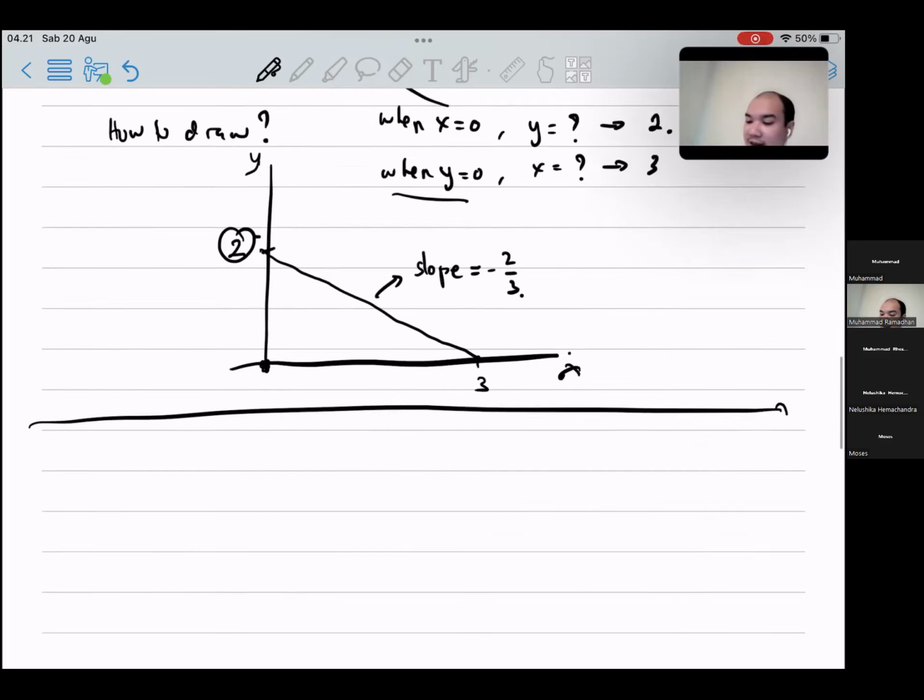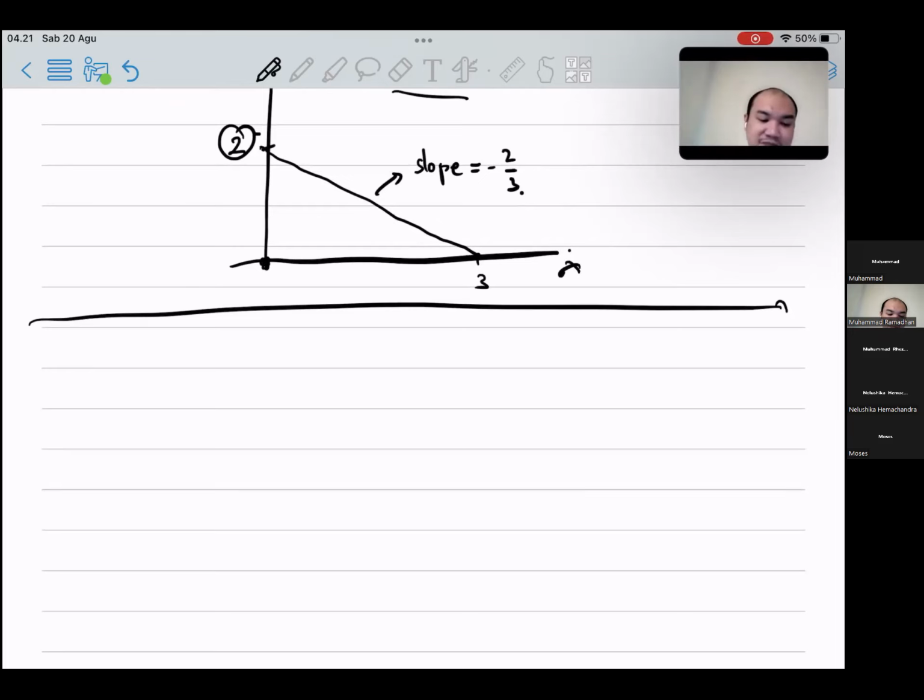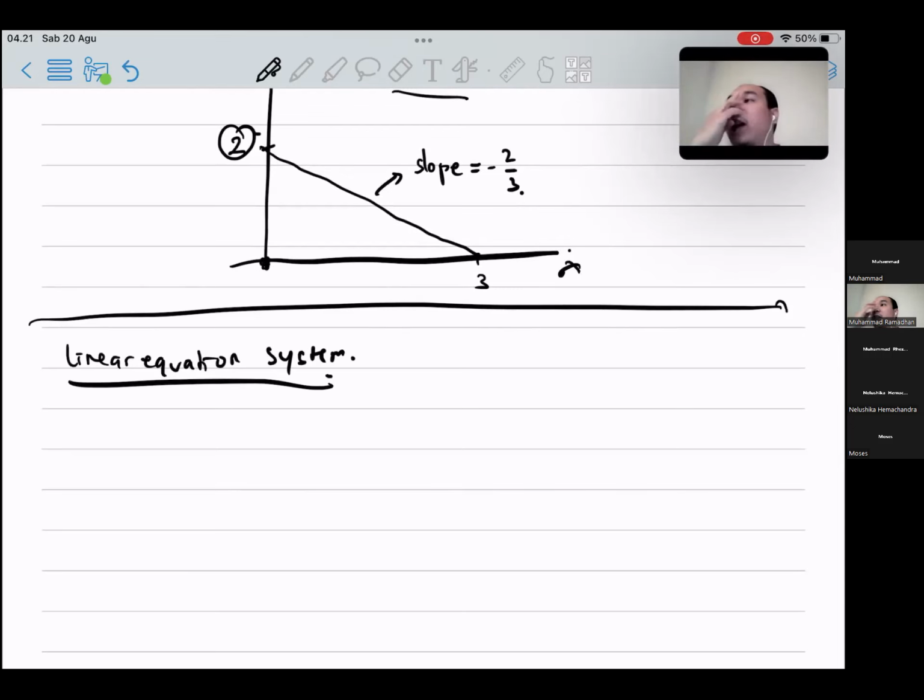Okay, and then how to solve a linear equation system. A linear equation system is when you have two or more linear equations. If you have two or more linear equations, you have to solve to get the right x and y.